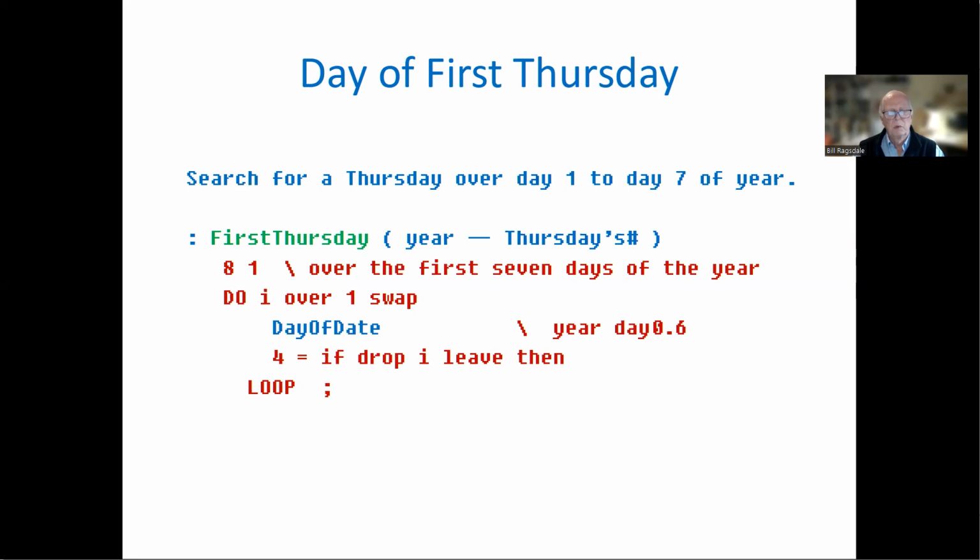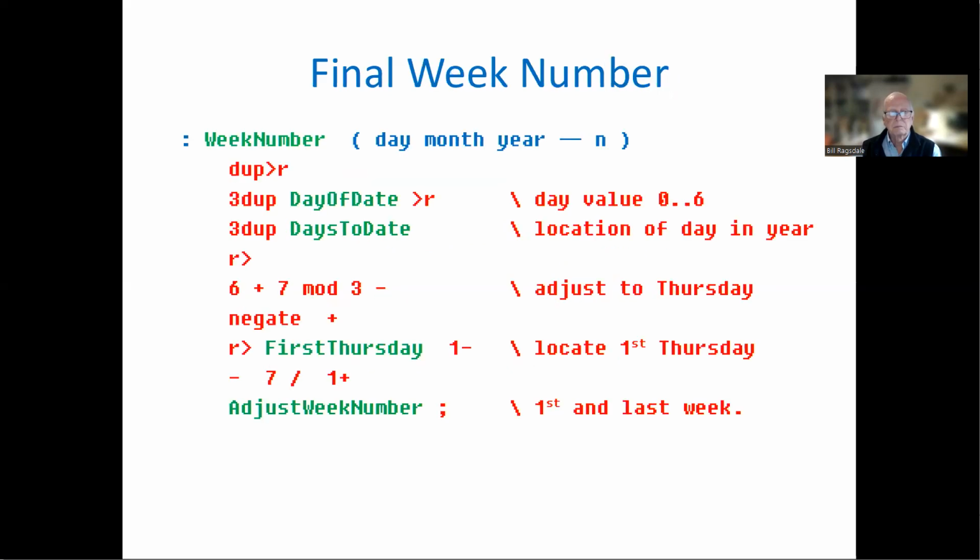If so, we drop the input value, and we get the loop index and leave. So in this case, we scanned across the first 7 days of the year. We found when we get a 4, and then that position is returned. So that is Thursday's day number, the first Thursday of the year.